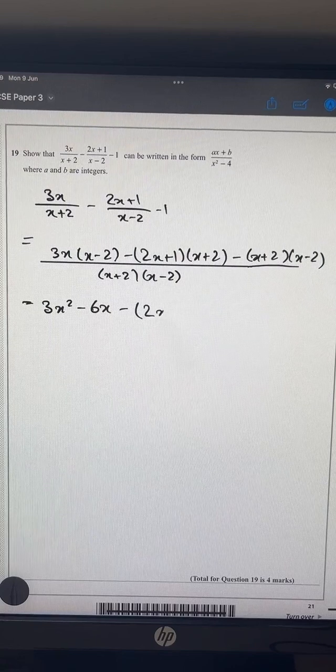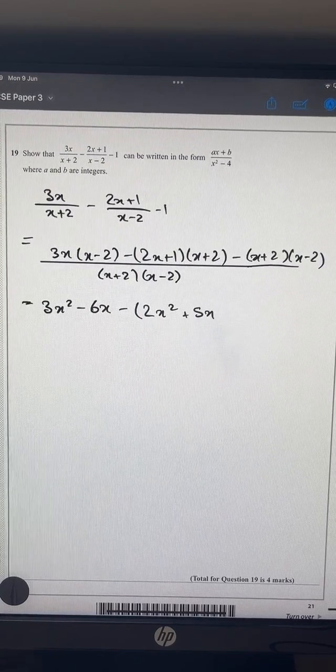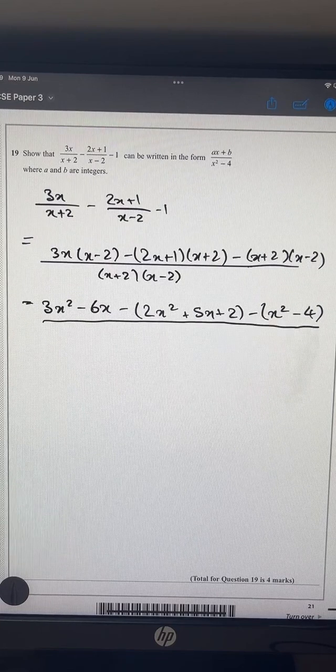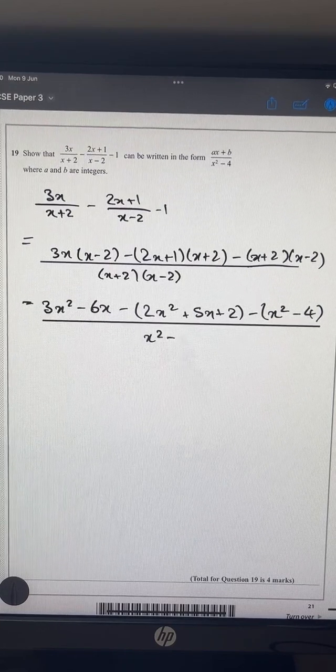So that's going to be 2x squared plus 4x plus x, so that's plus 5x plus 2 minus, again, just focus on the brackets. This is a nice difference of 2 squares, so x squared minus 2x plus 2x, they cancel out, right? Minus 4. And that is going to be all over what? x squared minus 4 again.